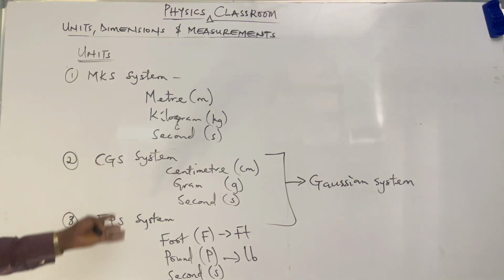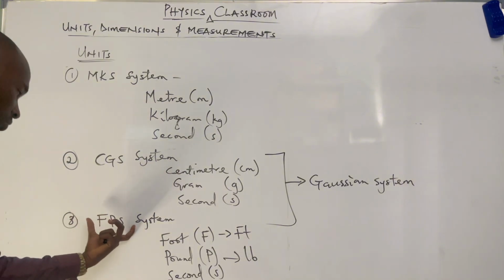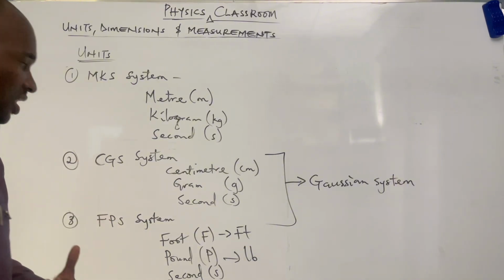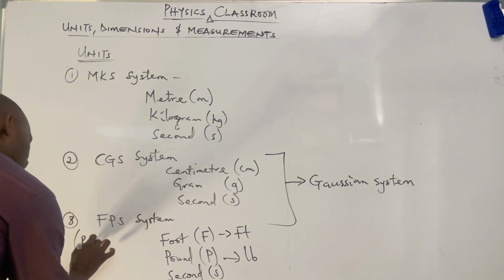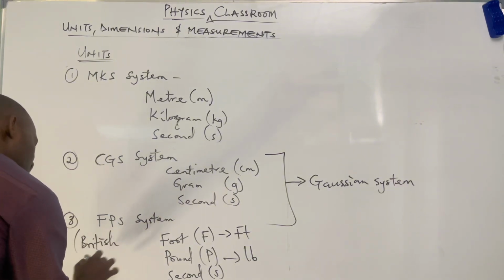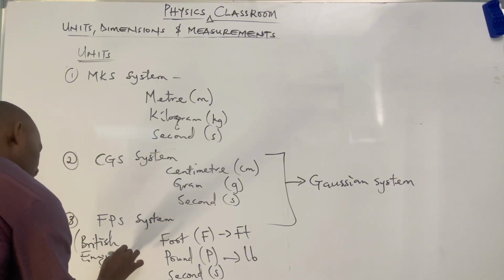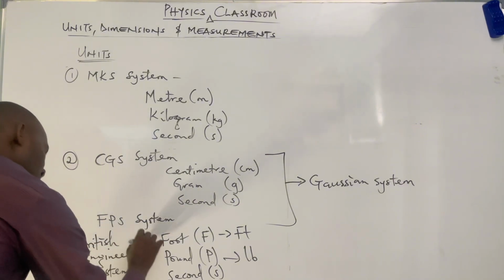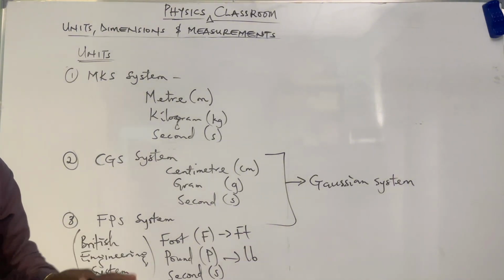Both CGS and FPS are called the Gaussian system, whereas the third one, which is the FPS, is otherwise known as the British engineering system. So that's that about that.